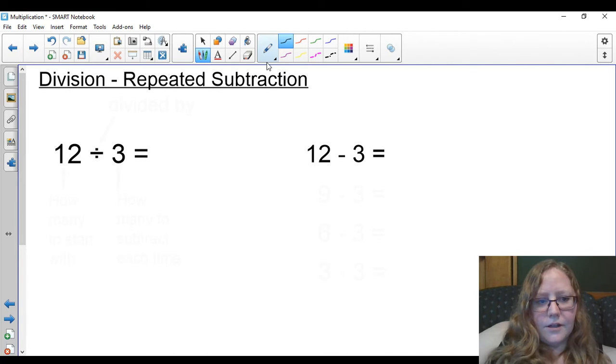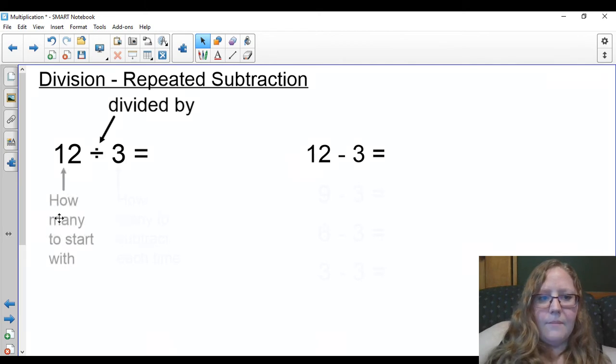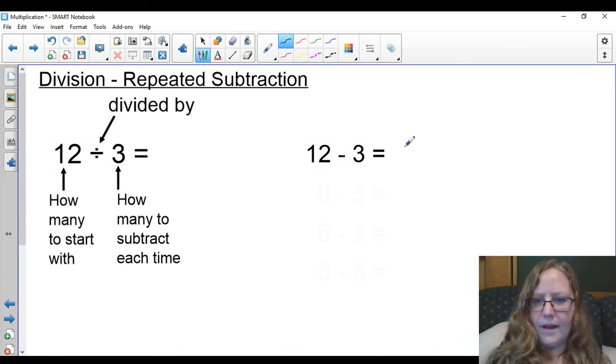Repeated subtraction. Okay, so just a reminder, my division symbol, my big number at the beginning means how many altogether or how many to start with. And my 3 here means how many to subtract each time. So we can do that. 12 minus 3 is 9.